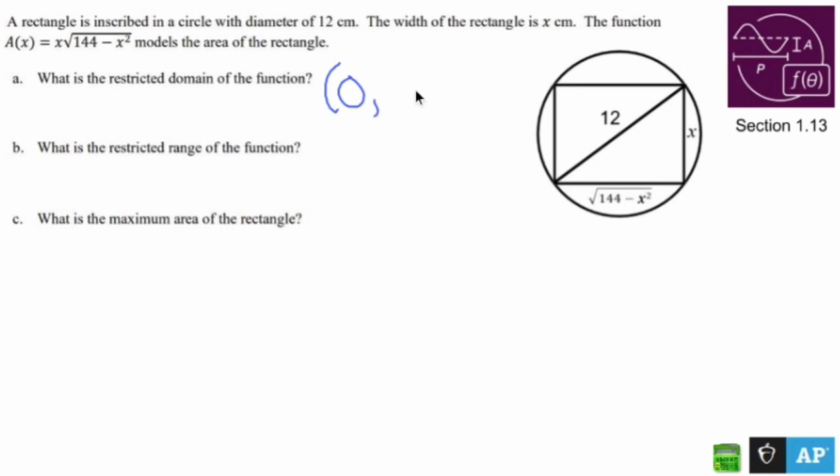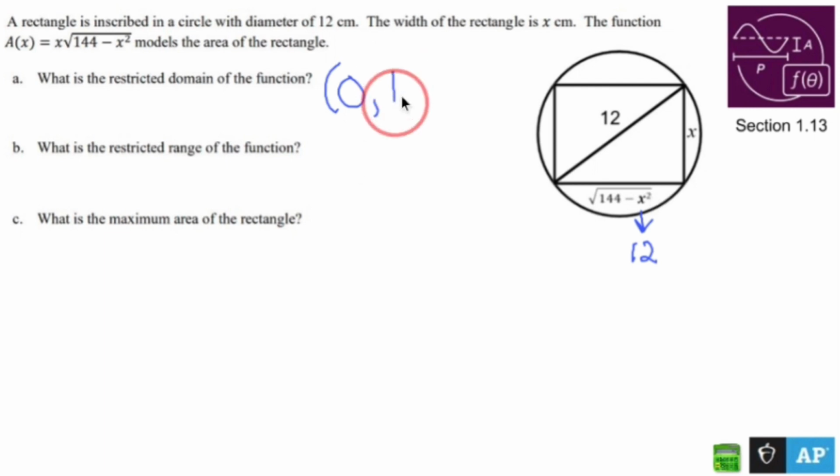Now, what's the largest value I'm going to plug in? Well, as we see this square root right here, that tells us that if I have 144 minus something, at some point there's a possibility that I end up with a negative square root, and you can't have negative square roots. So what number would make this square root equal to 0? 12. Because 12 squared is 144, and 144 minus 144 is 0.